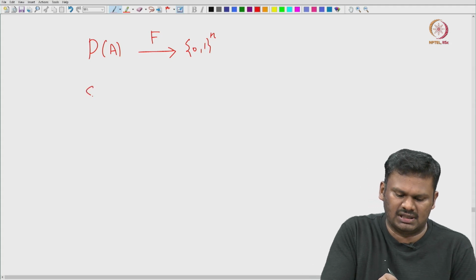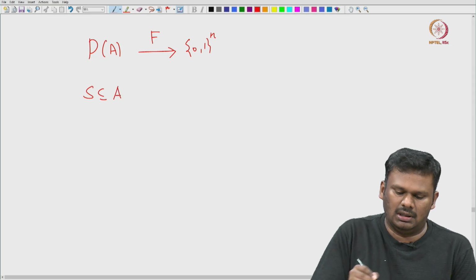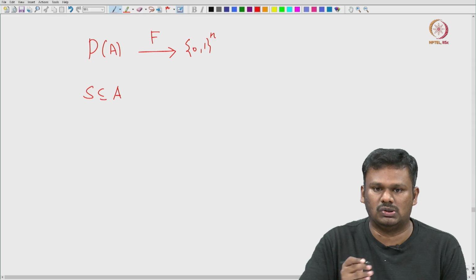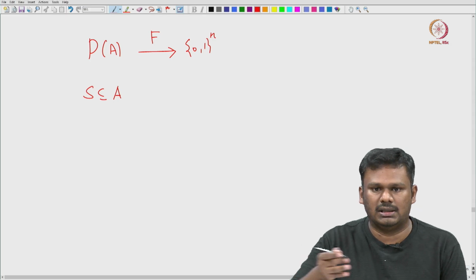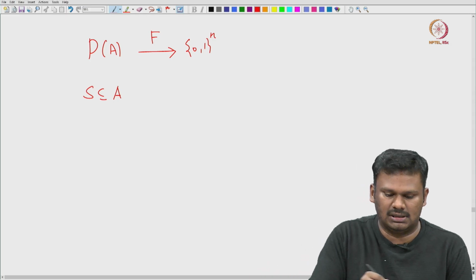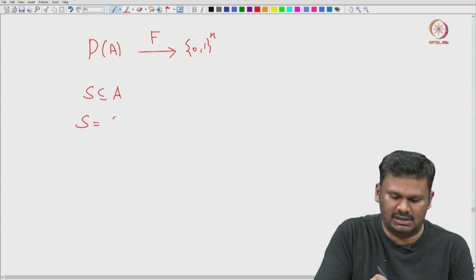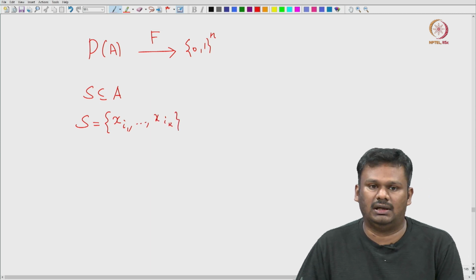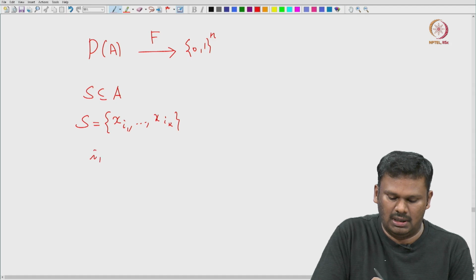You fix a subset S of A. Now we know that S is also listed among x1, ..., xn. That means we can write S as {x_{i1}, ..., x_{ik}}, where we have chosen i1, ..., ik coming from 1 to n.